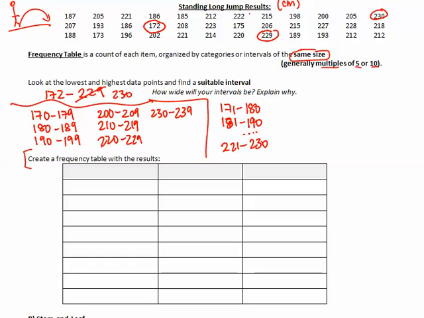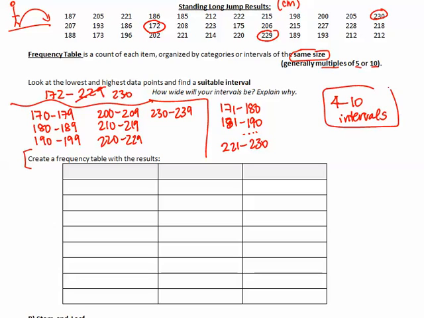If I wanted to, I could use intervals of 5. The drawback of using smaller intervals is that my data will be more spread out in different categories or bars than if I use a smaller number of intervals. A good number of intervals is about 4 to 10 in total.